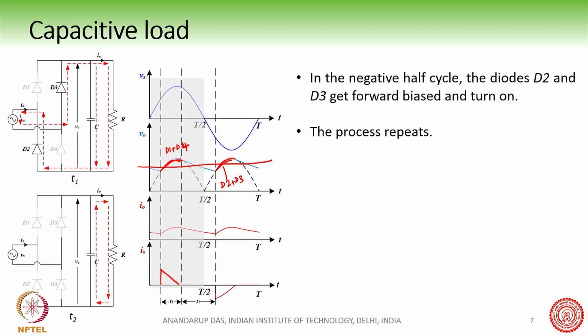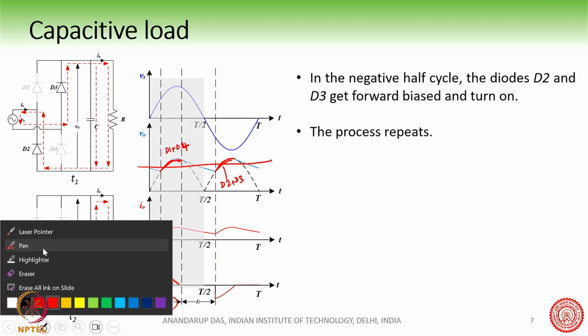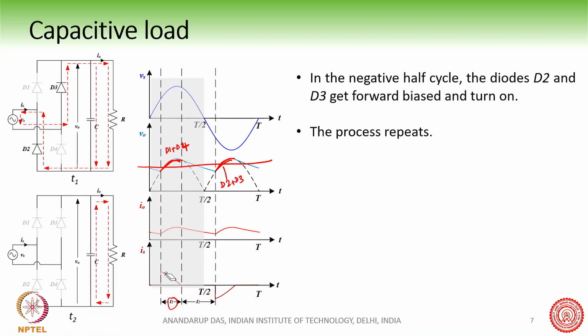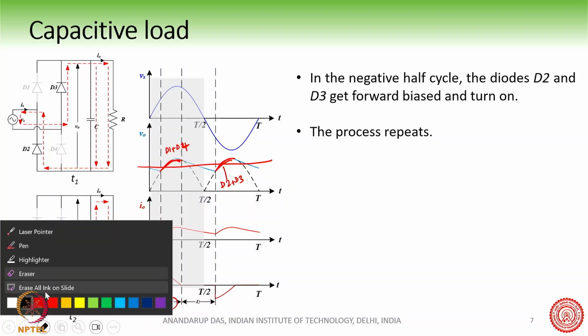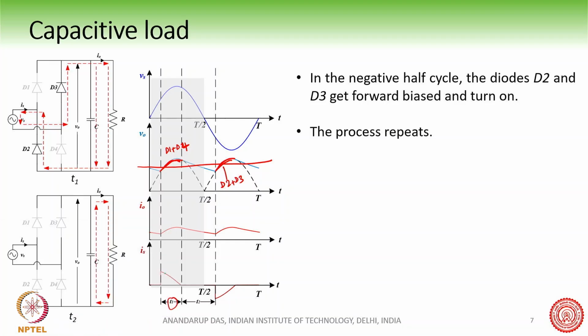If T1 becomes very small as compared to T2, then the input current will look like this, and it can be like this also, very sharp.